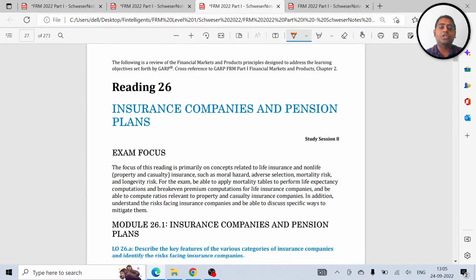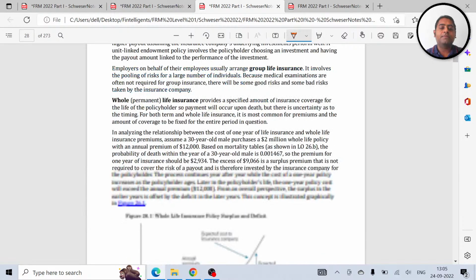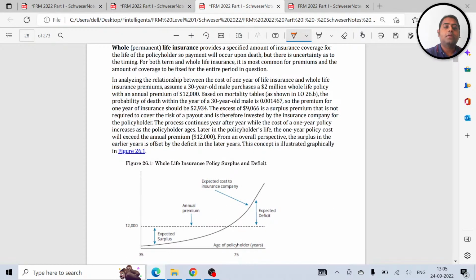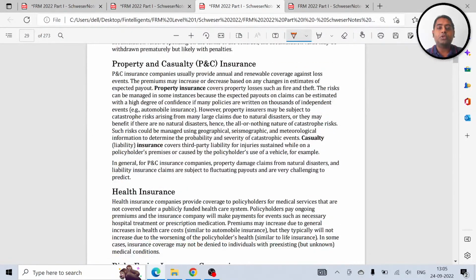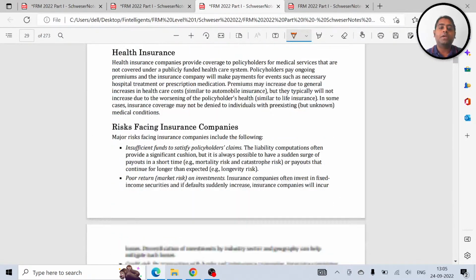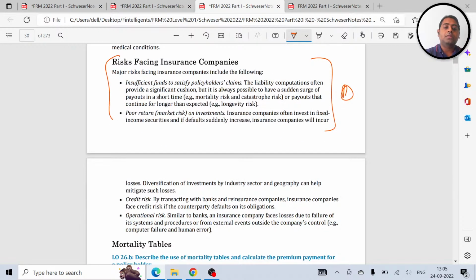Next section, insurance companies and pension plan. Life insurance, very theoretical. This part is important. You might get some theory over here. Annuity contract, property and casualty, these are basic parts. The risk which is faced by the insurance company, you can expect a theoretical question over here.